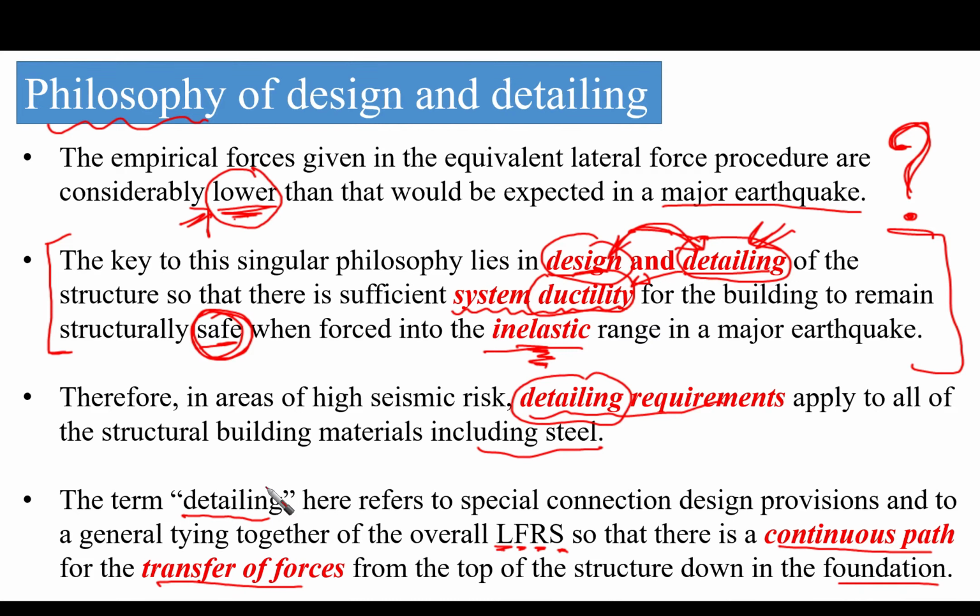What is the meaning of this word? Detailing means that we are going to use special connections to secure something very important: the continuity of our lateral force resisting system, holding it together with the gravity loading system of our structure, so there is a continuous path for the transfer of forces.